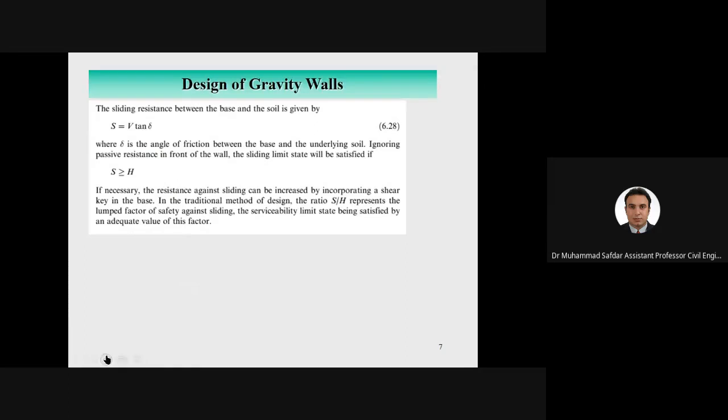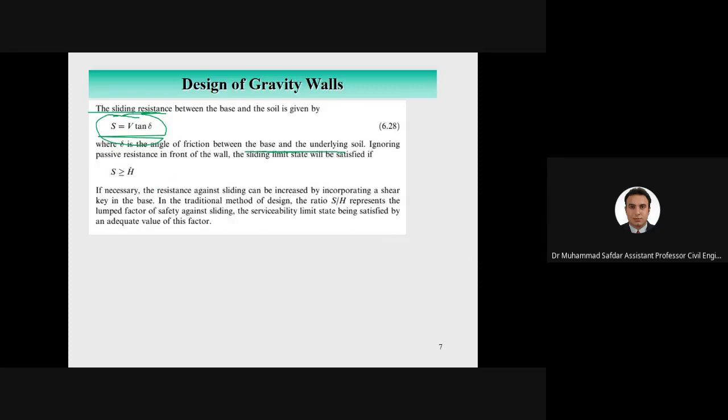Now, if you want to find the sliding resistance between the base and the soil, we can find it using this equation: S is equal to V tan delta, where S is the sliding resistance, V is the vertical forces acting onto the retaining wall, and delta is the wall friction, or the angle of friction between the base and the underlying soil.